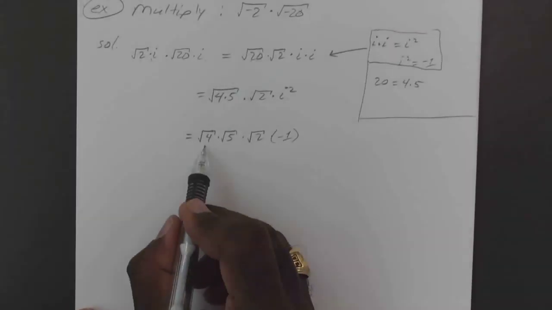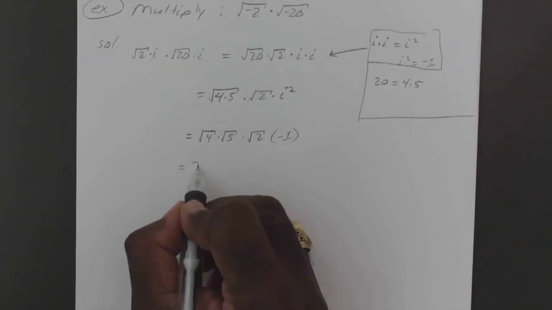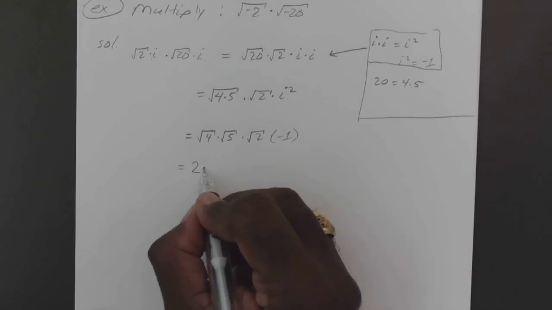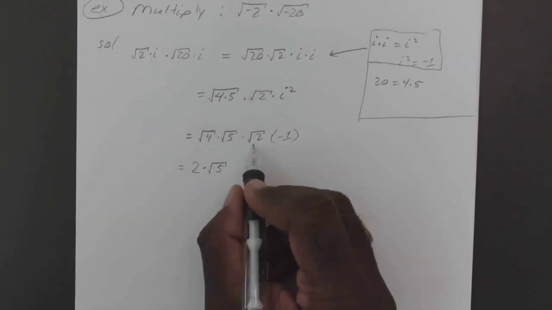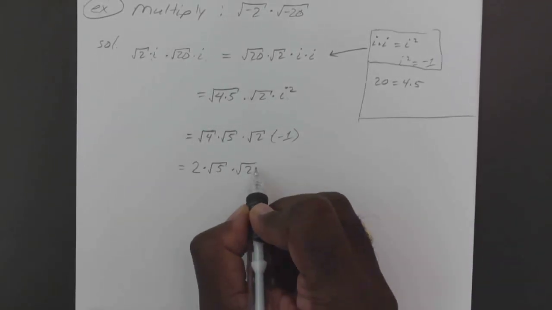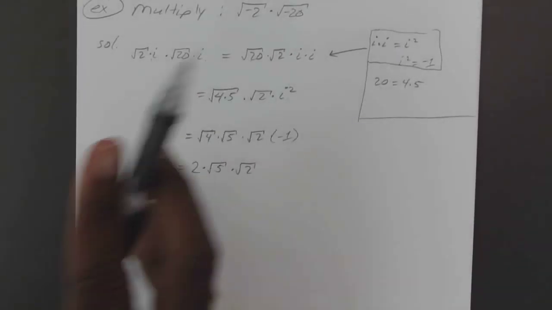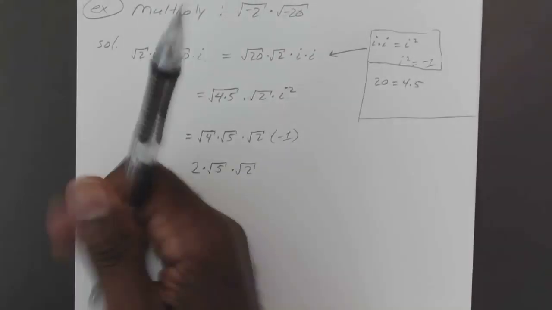Okay, so that leaves us with 2 for our square root of 4, times square root of 5 times square root of 2 times -1, so we can just really make this negative.